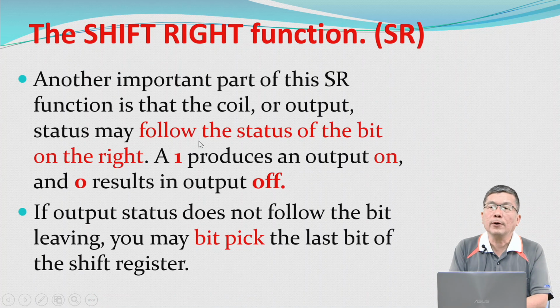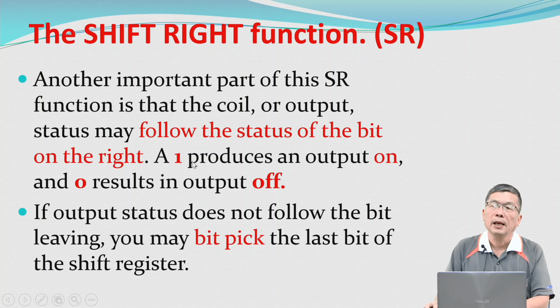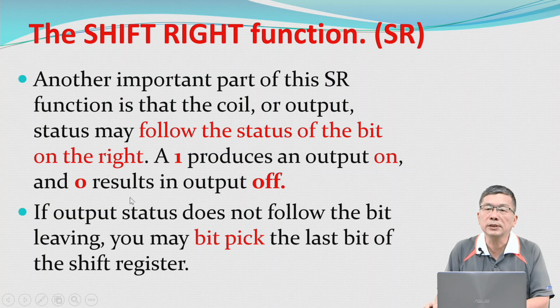Another important part of this shift right function is that the coil or output status may follow the status of the bit on the right. A 1 produces an output on, and a 0 results in output off.